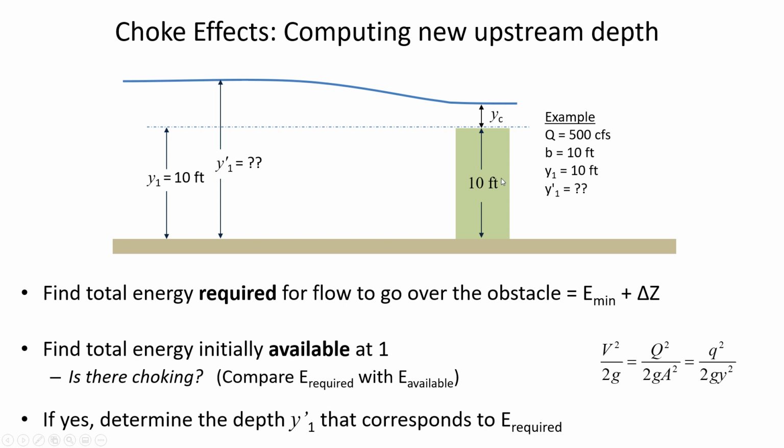And what we learned in that example from Monday's class was that the obstruction height was above what can be allowed. There is some delta Z max that can be tolerated. And if there's not enough energy upstream to get over the obstacle, then pooling occurs.